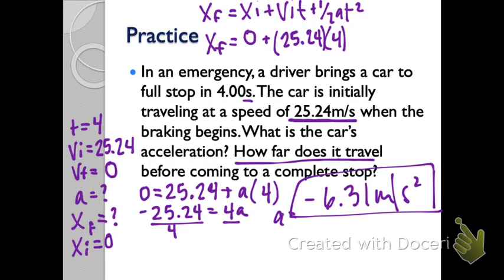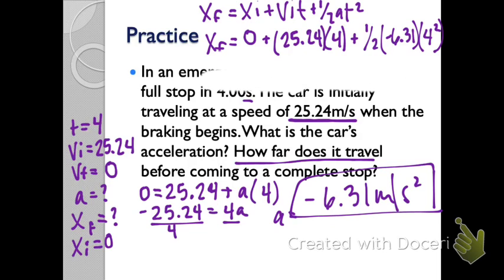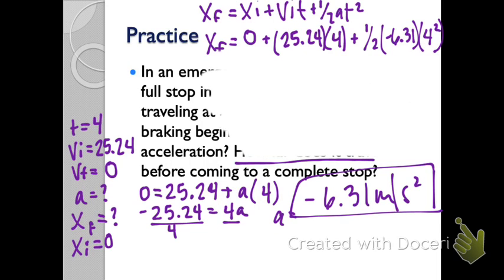Initial velocity is 25.24 times my time plus 1/2 negative 6.314 squared. Go ahead and get that plugged in and let me see what you got.